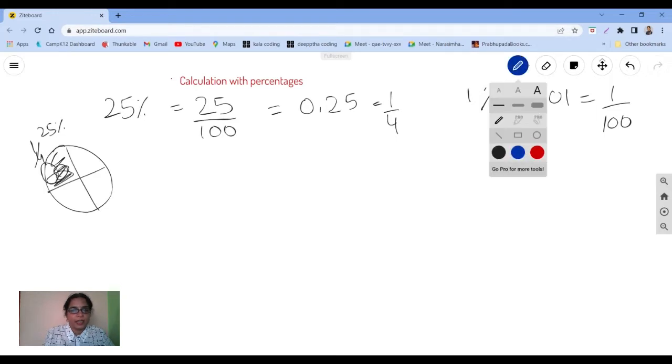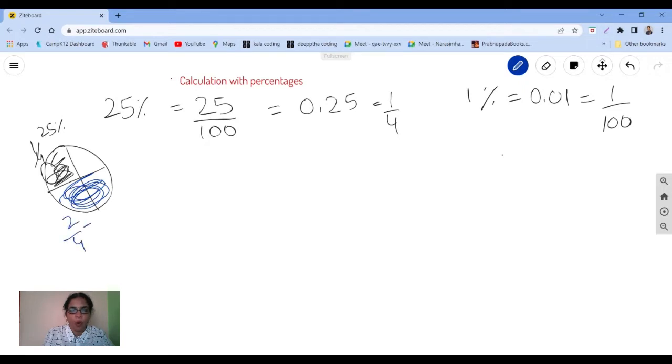If I take two parts of this, that means it is nothing but 2 by 4 or it is 1 by 2 or it is same as 50%. I hope you understand. 50% means nothing but half of it. 25% means quarter of it, right? When you have these kind of things, very easy. But if I say 30%, 40%, that is when it becomes very difficult, right?